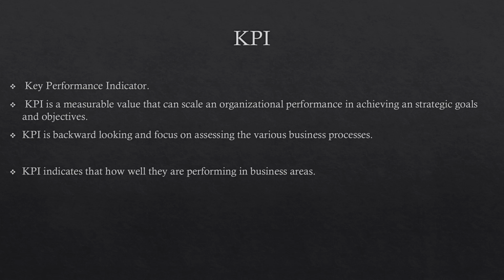We are not looking forward, but by taking care of the past history we can try to improve the future. So KPI is backward looking and focuses on assessing various business processes, and it indicates how well they are performing in business areas.